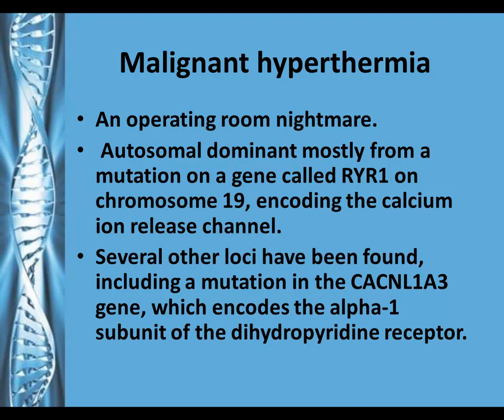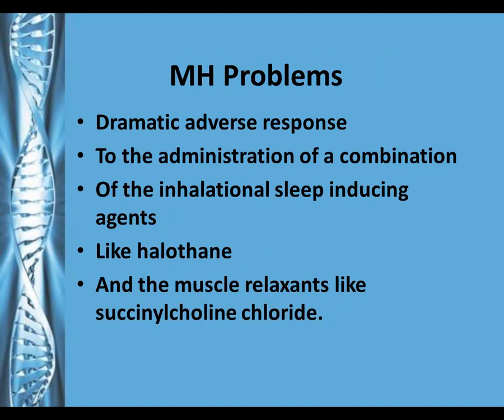They've also located some other places where there could be a mutation, and this also includes the alpha 1 subunit. So they're looking at what people who develop malignant hypertension have in common in order to determine which people will be at risk for developing this.